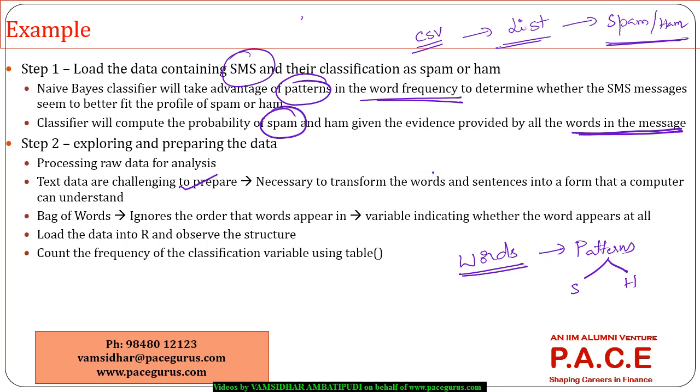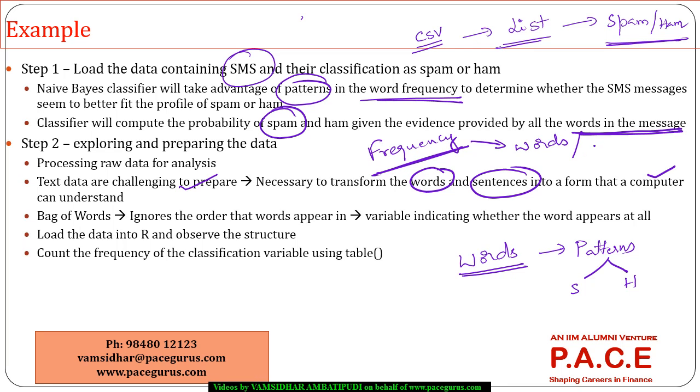I have to transform the words and the sentences into a format that the computer can understand. I have to create a frequency list, with frequencies associated with each of the words and the sentences, to understand the patterns much better. So I have to create a bag of words. That is my first step.